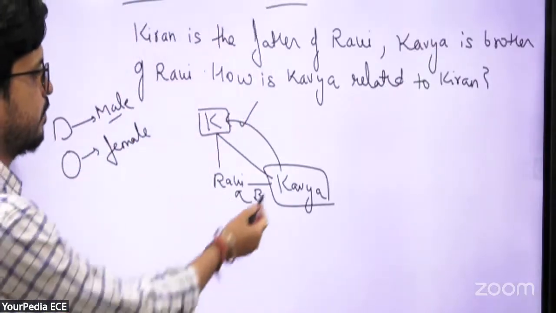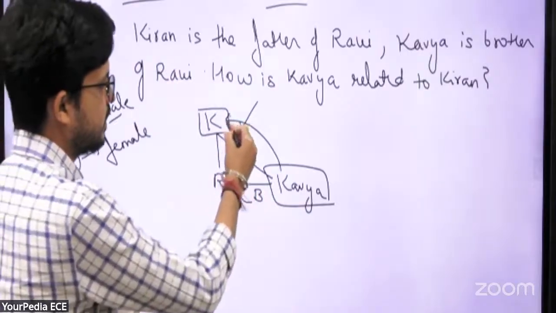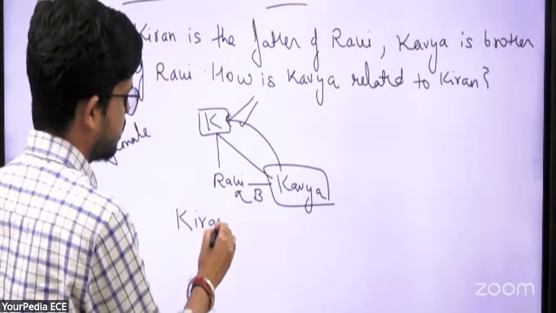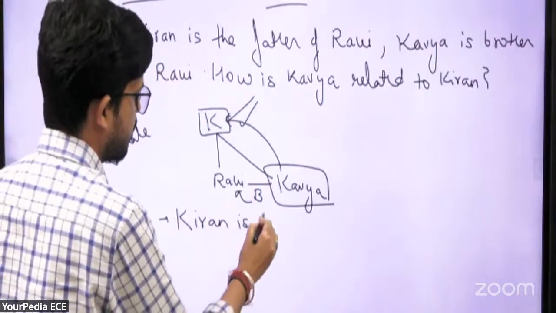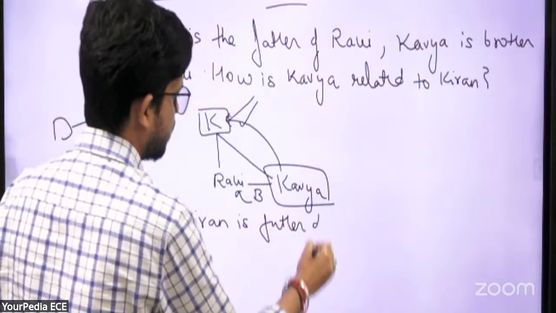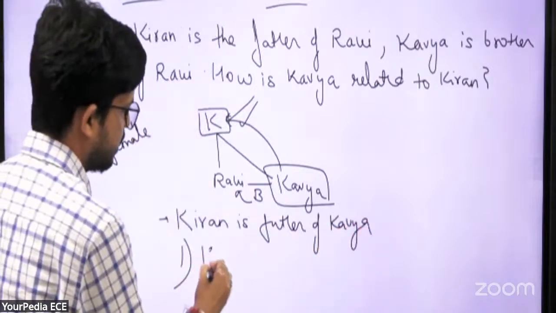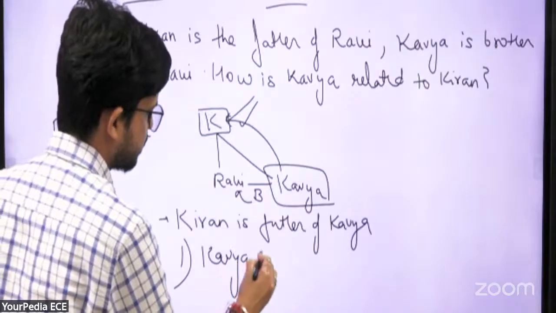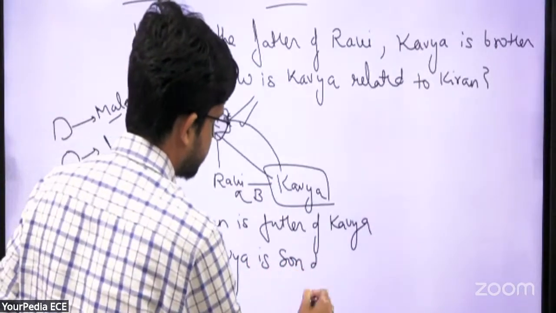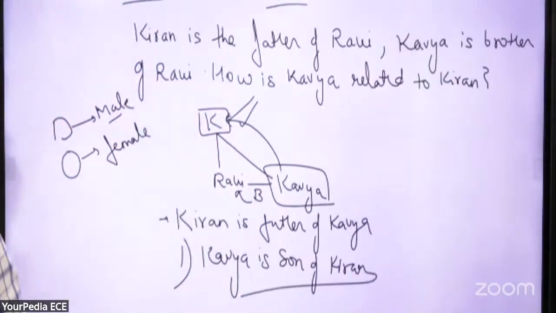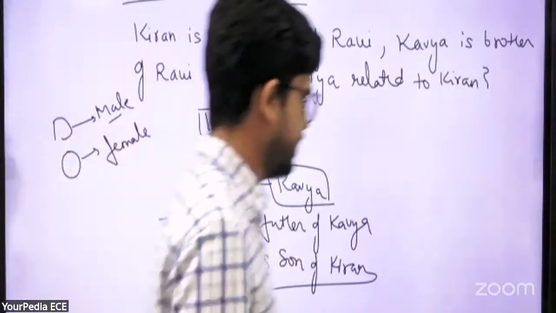Because if they are brother and sister or brother and brother, their father will be the same. So Kiran is father of Kavya, or we can say the answer is Kavya is son of Kiran. Clear? So that will be our answer. Very simple question. Very, very simple.